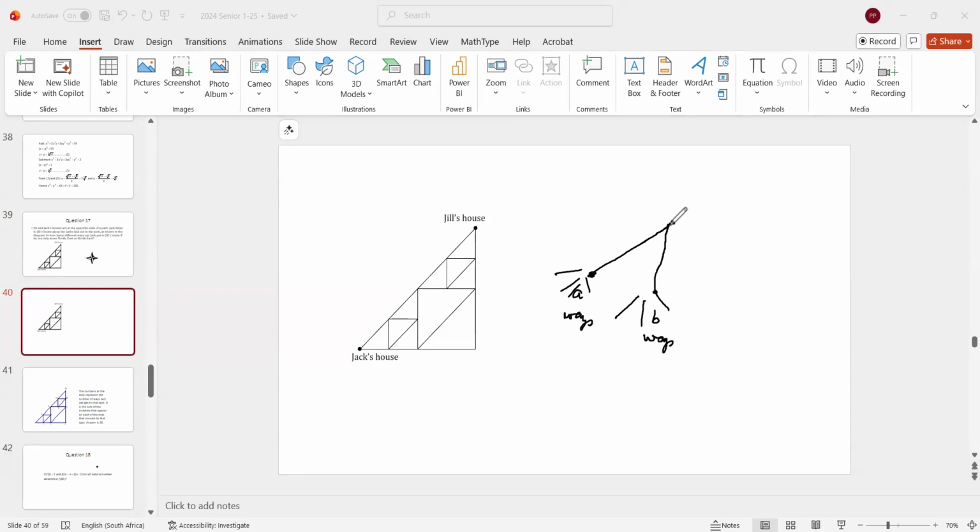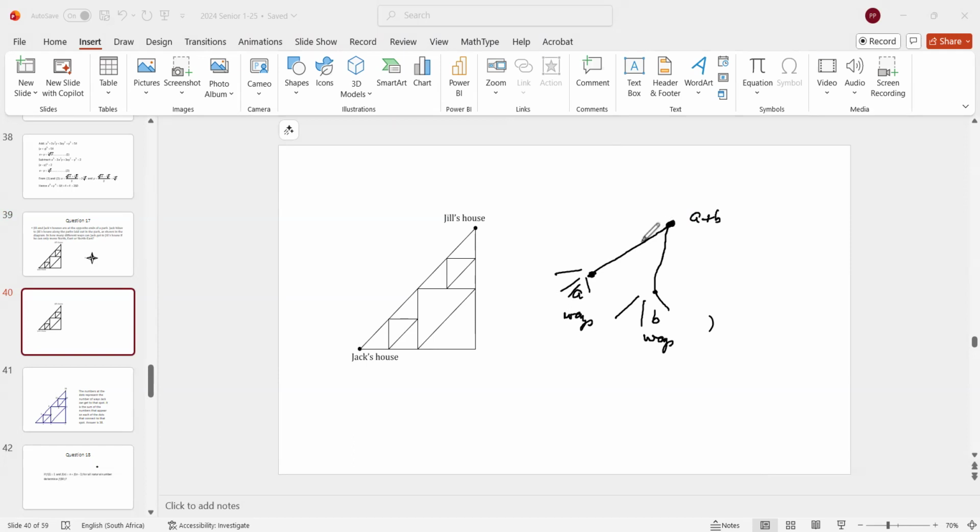So in how many ways can you get to this point here? Well, it's quite clear that each of these A ways contributes one path, and each of these B ways contributes another. So altogether, you have A plus B ways. Each of these A ways contributes only one path, and there are A paths altogether.